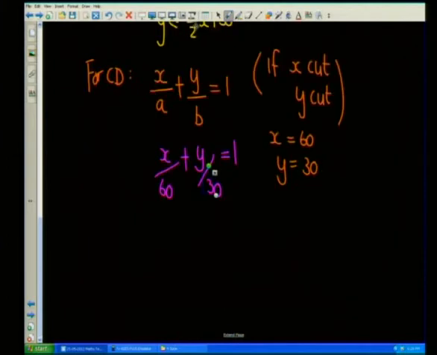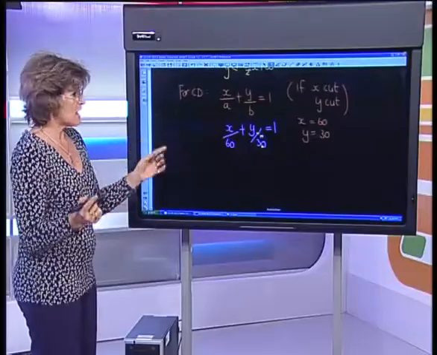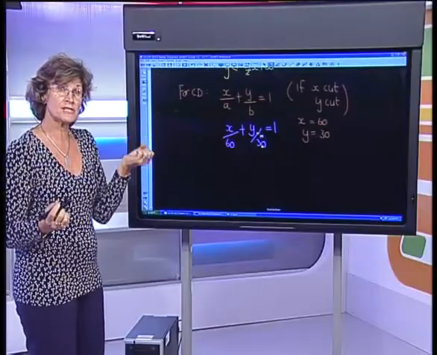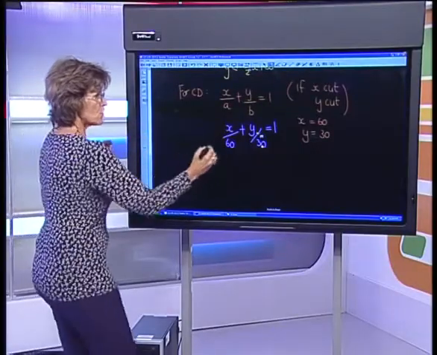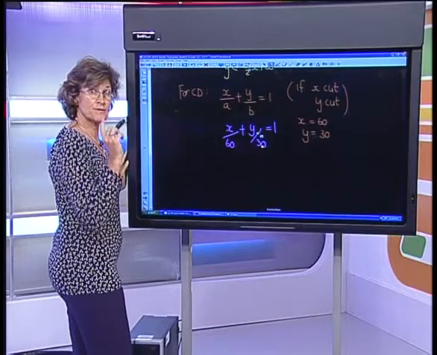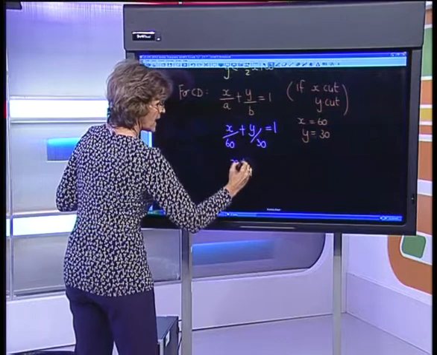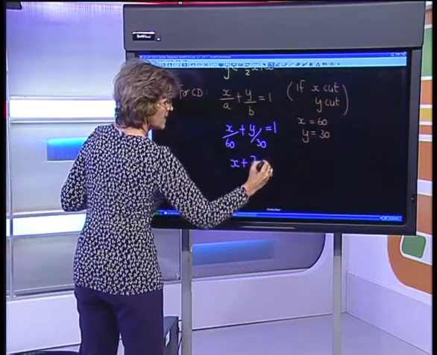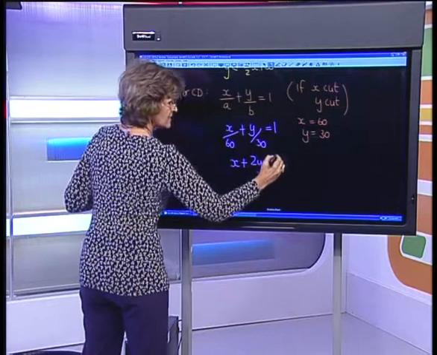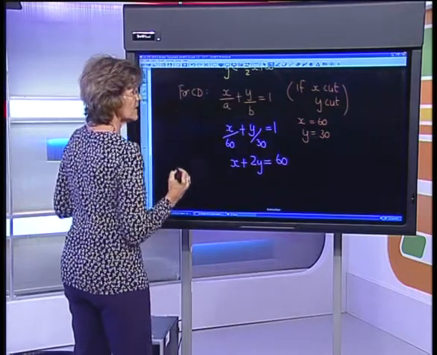Now, that form is fine, but it's not much use to us to be able to see the inequality. So if I got a common denominator of 60 throughout, this would be x plus 2y is equal to 60.